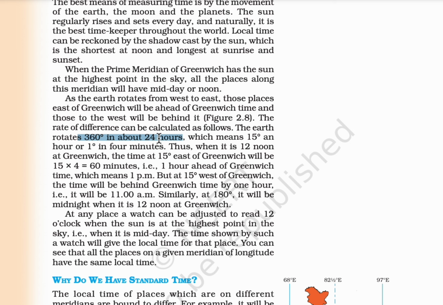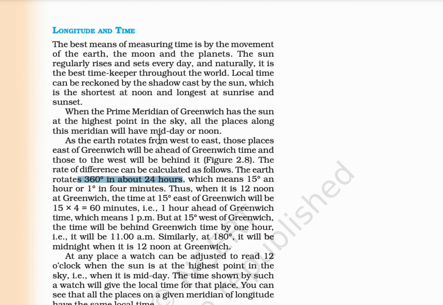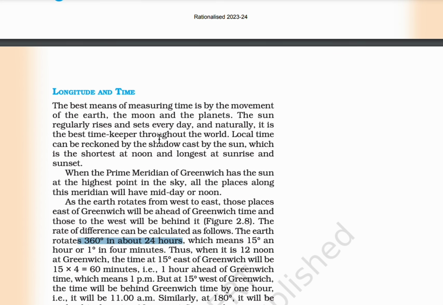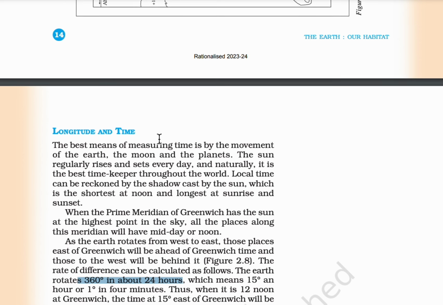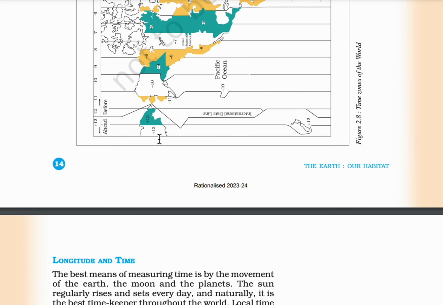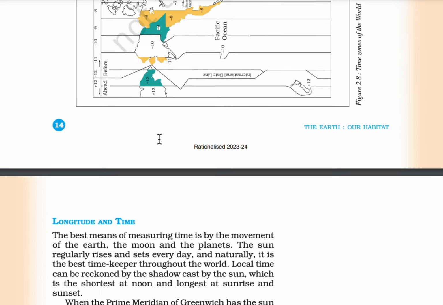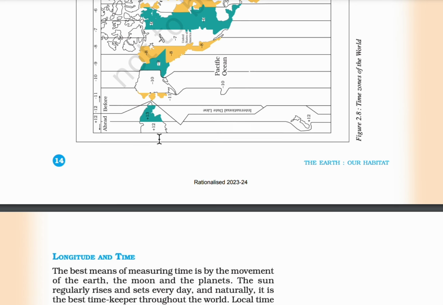If it is 15 degrees east of Greenwich, then we can say the time is ahead of Greenwich. If it is west, then it is minus.